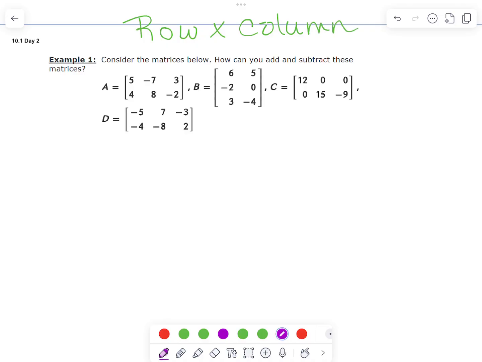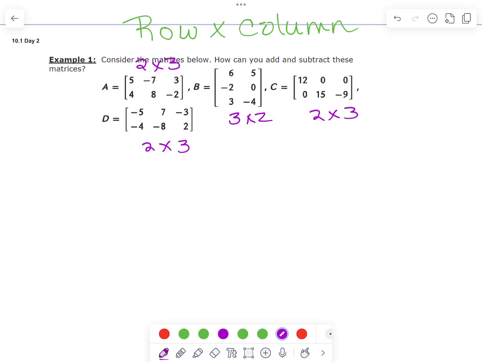So in matrix A, there are 2 rows by 3 columns. In matrix B, there are 3 rows by 2 columns. Matrix C, there are 2 rows by 3 columns. In matrix D, there are 2 rows by 3 columns.